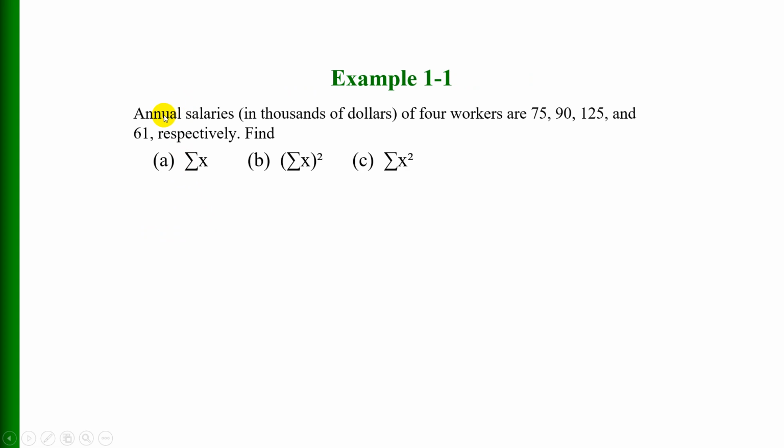Here is an example. Annual salaries in thousands of dollars of 4 workers are 75,000, 90,000, 125,000, and 61,000 respectively. Then find (a) summation x, (b) summation x whole square, (c) summation x square.